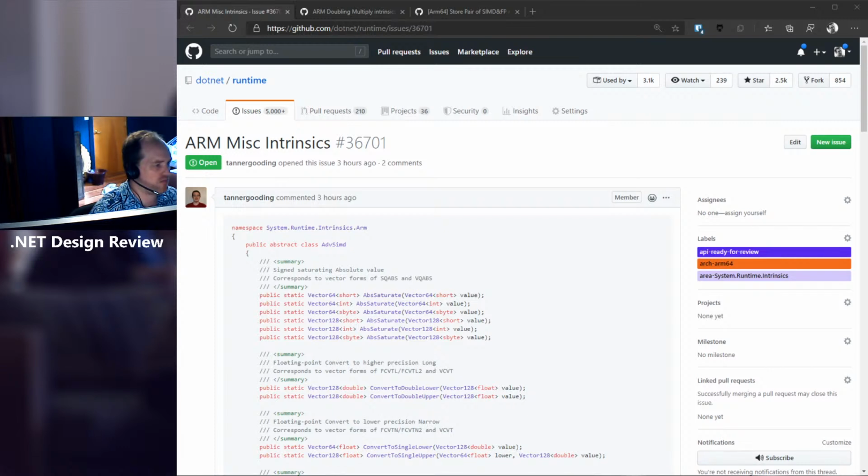Isn't convert to double lower except vector 64? That's not how they're exposed. We could expose just a convert to double that took a float. Because it looks like the L instruction has an arrangement to S, plus it would be to float.